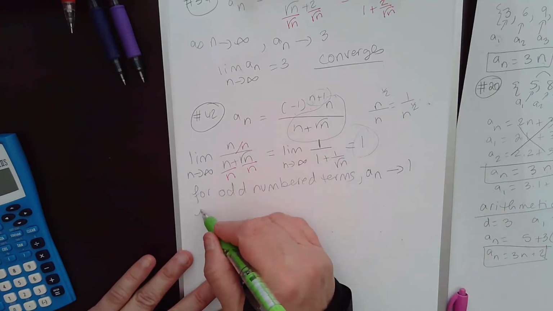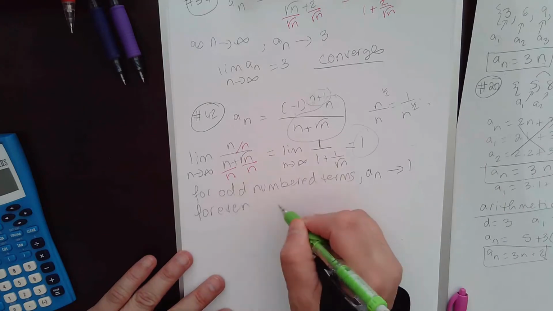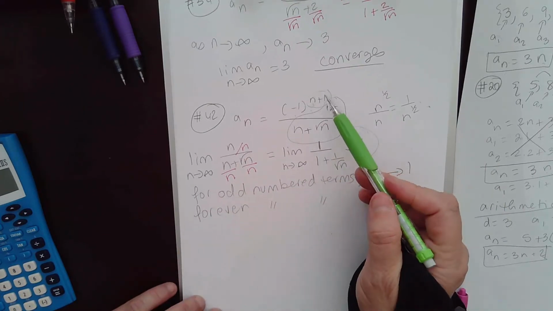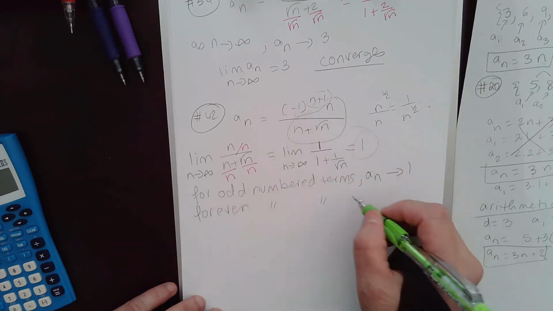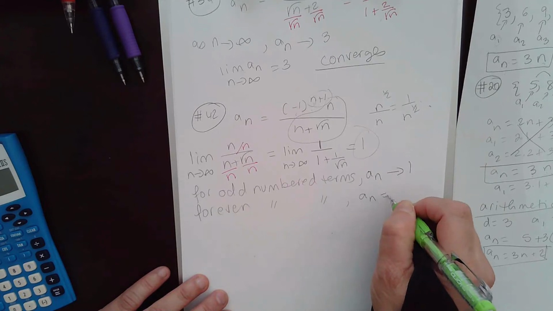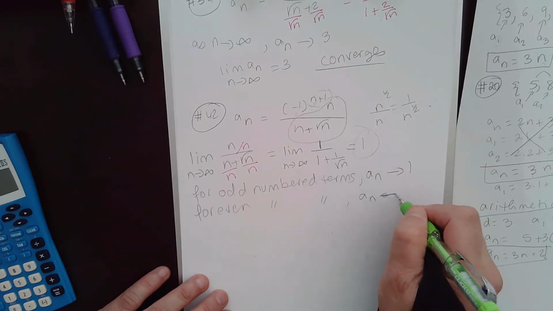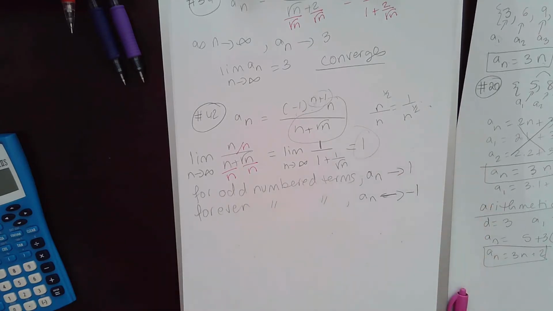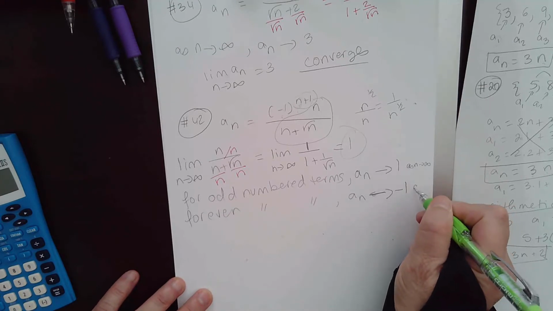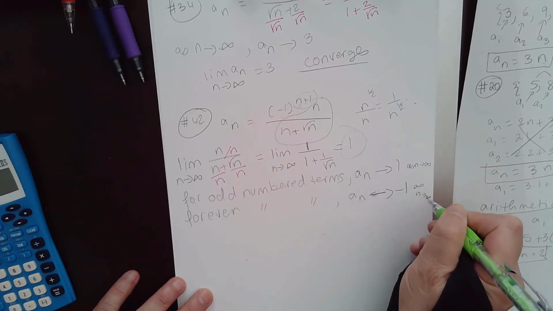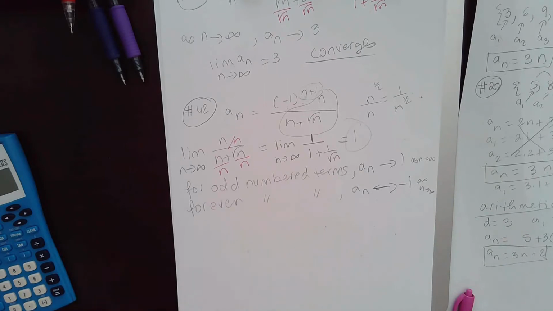Now for even number terms, if n is 2, 2 plus 1 is 3, it's going to be odd, so it's going to be negative. So an is going to be negative 1. Negative 1 times 1 is negative 1, of course, as n approaches infinity. So what do you have?